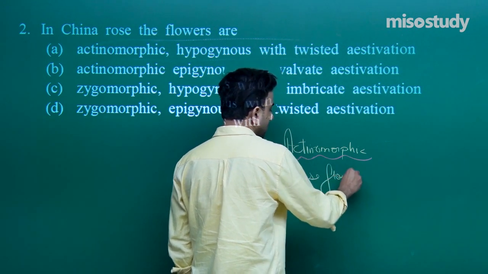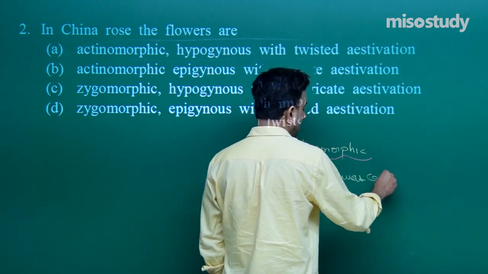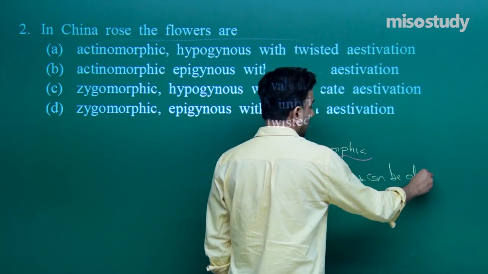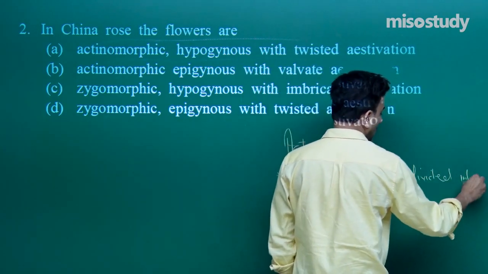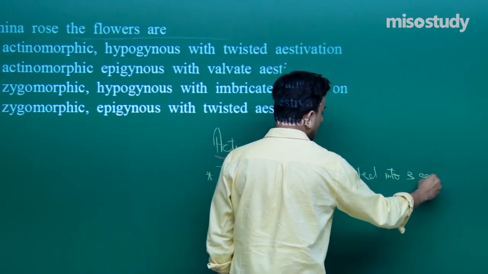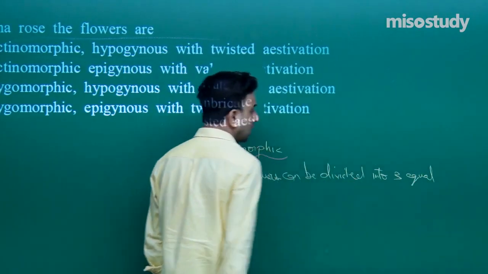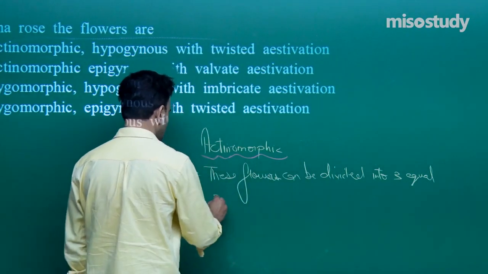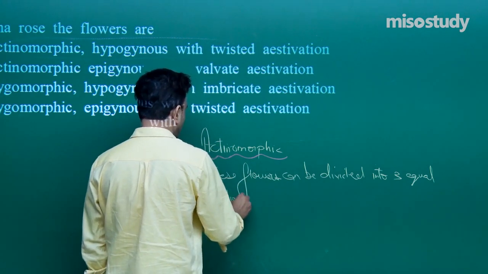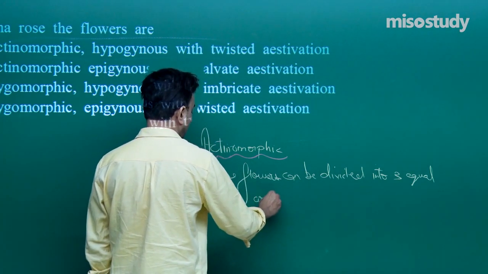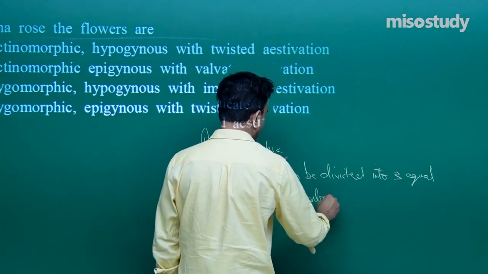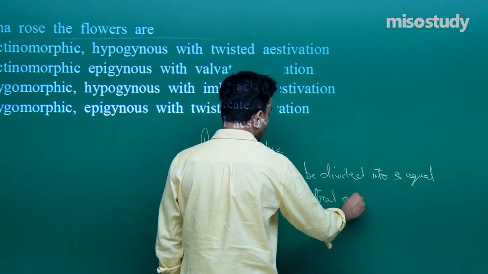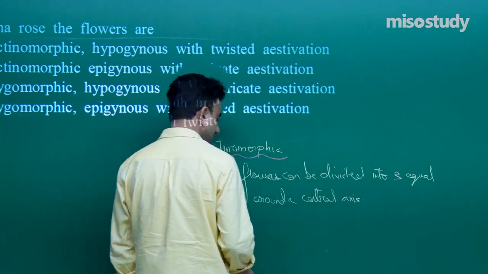These flowers can be divided into 3 equal sections around a central axis.